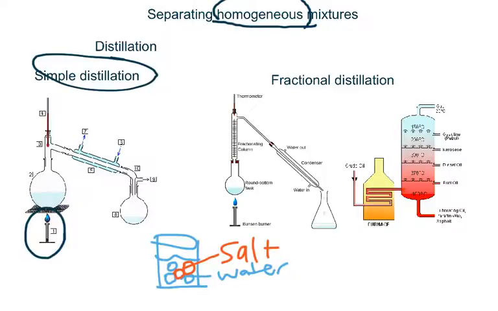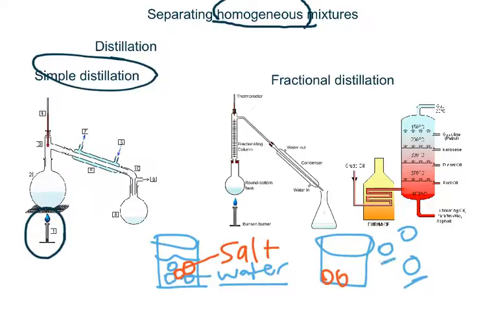So let me draw another flask showing what happens when you boil off the solvent, aka the water, leaving the salt behind. So we're going to have the solute, or the salt, left over in the flask, while the solvent, the water, will have turned into a gas because boiling turns water from a liquid to a gas.